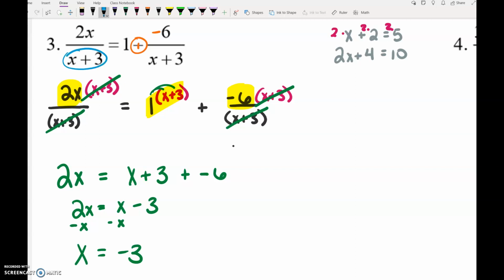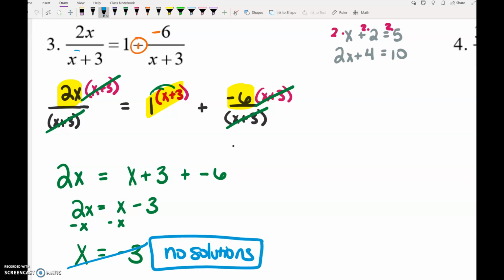What is negative 3 plus 3? 0. Well, shoot. So this answer doesn't actually work, which means that there are no solutions. So yeah, this is a little bit frustrating. We did all that work and it ends up just being no solutions, but we wouldn't know that unless we had done the work.